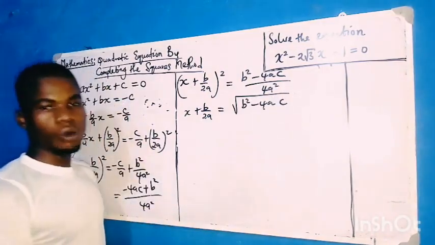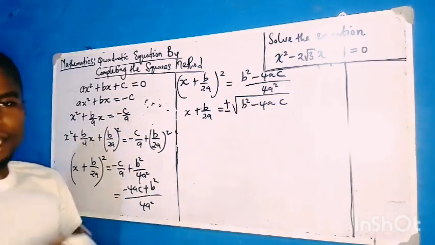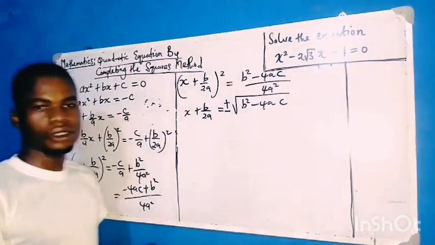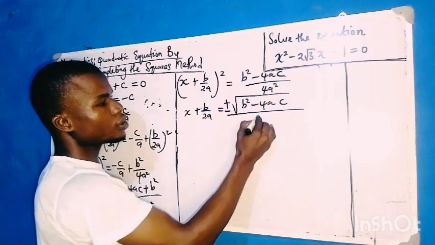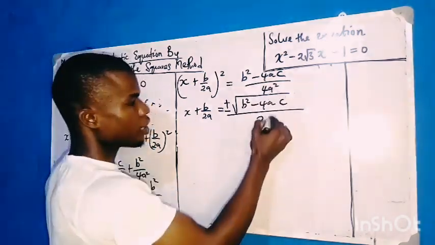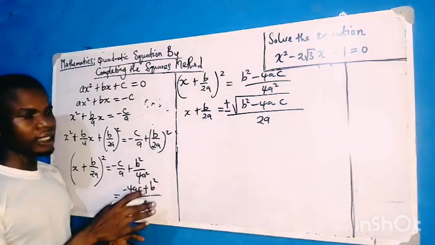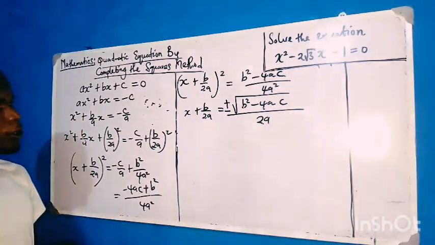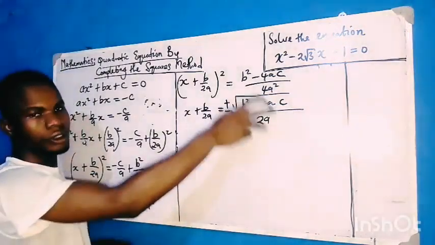Because I'm finding the square root, I'm going to add plus or minus, because the square root of any value is plus or minus your answer. So divided by the square root of 4 is going to give me 2, and the square root of a squared is going to give me a. So see, that's our quadratic formula coming up slowly. So after this, we take this other part to the other side.